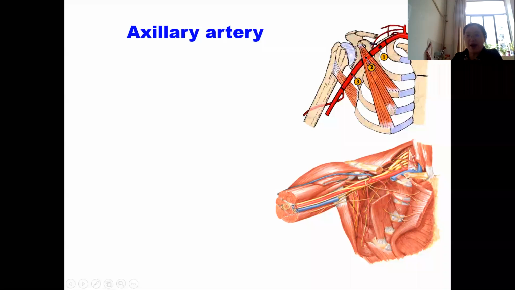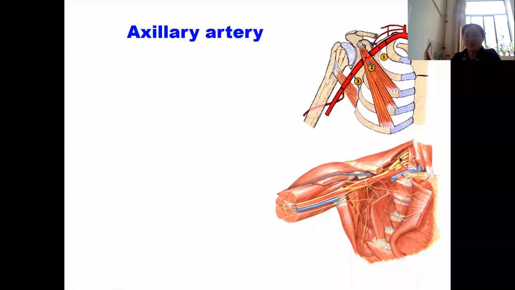These two dark colors highlight the whole length of our axillary artery. The axillary artery can be divided into 3 segments by this muscle, which we call the pectoralis minor.